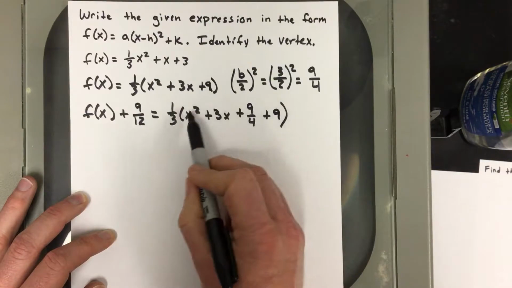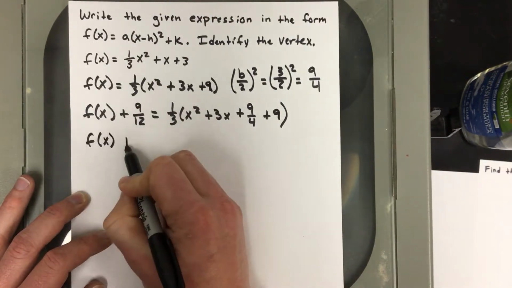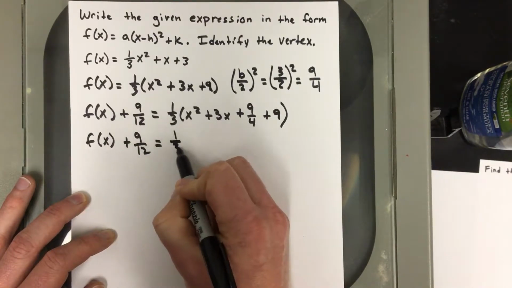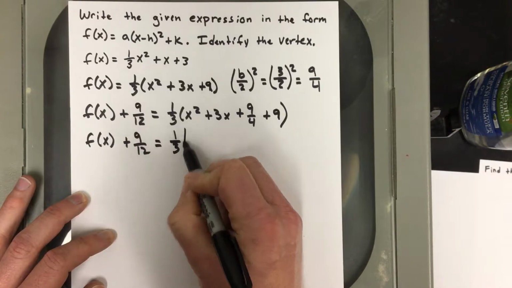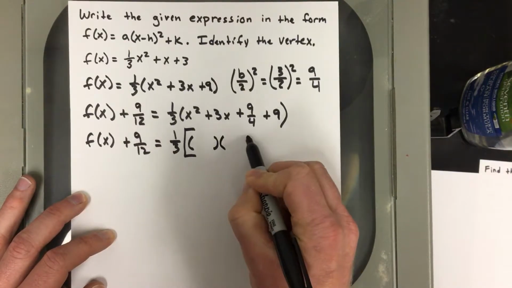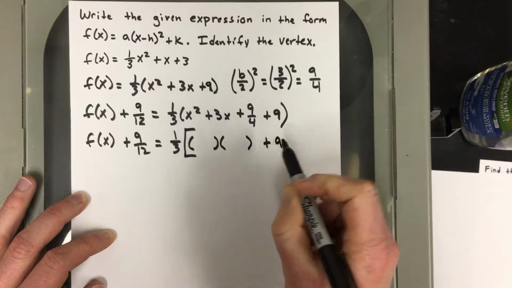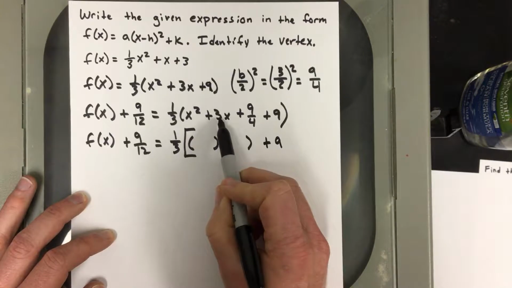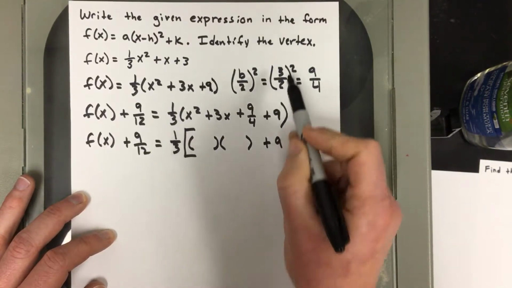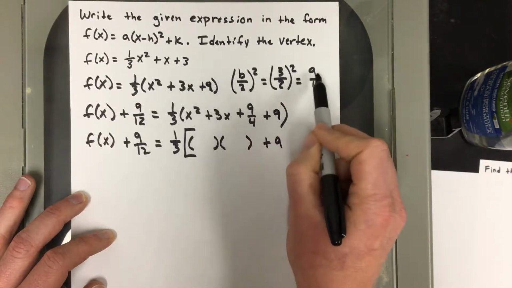I need to take this here and then factor it down. So f of x plus 9 over 12 equals 1/3. And then remember, I do the brackets, and I'm going to put in here my two binomials that I'm breaking that into. So I need something that adds to being 3, but multiplies to being 9 over 4. Well, I know 3 over 2, when I squared it, gave me 9 over 4.